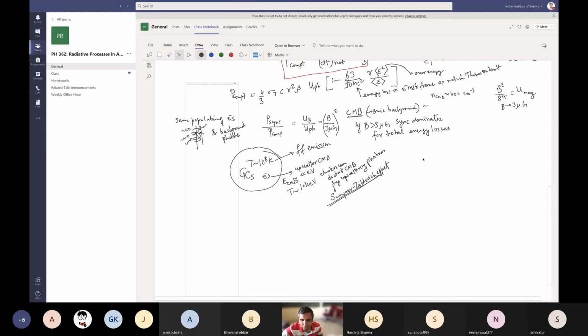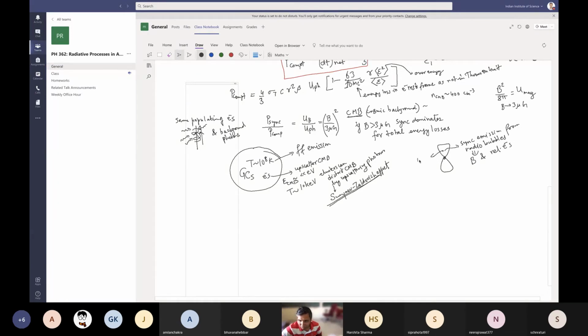Now, this is just about free-free and inverse Compton scattering. But in these clusters there are also these radio bubbles. You see synchrotron emission from these radio bubbles, right? So basically this means that there are magnetic fields and relativistic electrons. Whenever you see synchrotron emission in radio, it means there is a magnetic field and relativistic electrons.